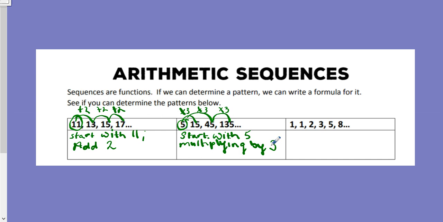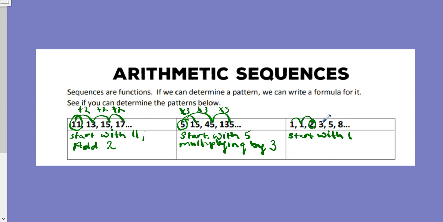And in the last sequence, I'm starting with 1. And I keep the same term. So I have 1 again. And then to get my next term after that, I'm adding the 2 previous terms. 1 plus 1 is 2.